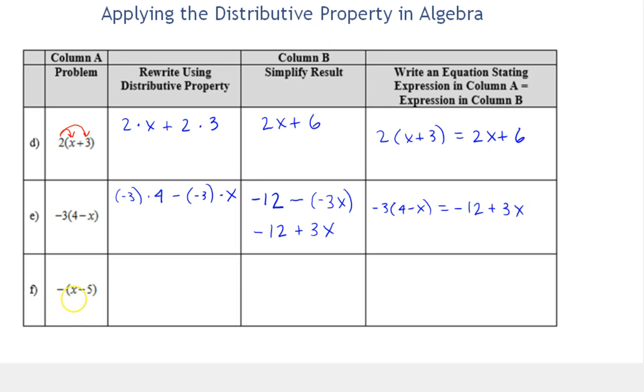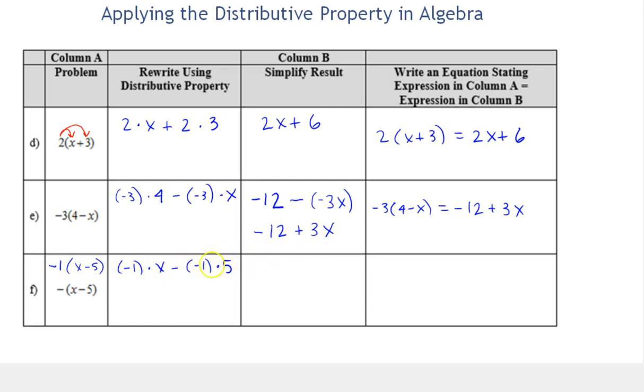And looking at the last one, you could think of this as the opposite of the difference of x minus 5. Or another way you may want to think of this is negative 1 times x minus 5. So now let's multiply each of these terms by negative 1. So we have negative 1 times x minus negative 1 times 5.